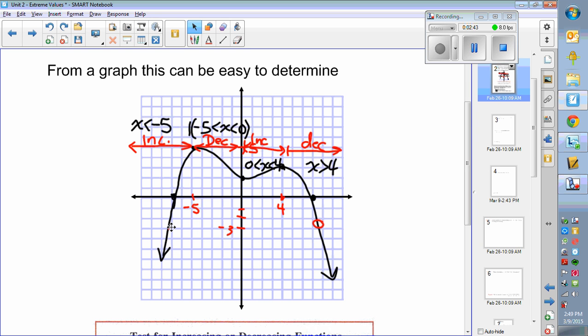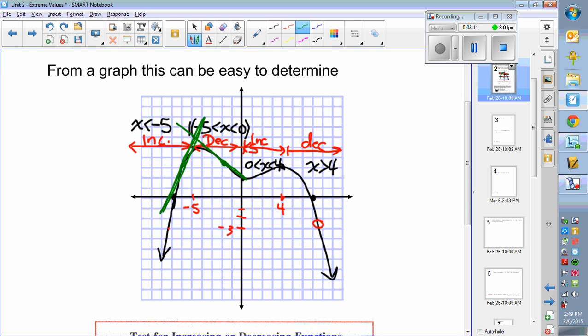Well, what you can visualize, if I still stay with the graph for a minute, if we visualize slopes of tangent lines, so if I drew a green dot here, and imagined a tangent line that just touches that graph. The slope of that line is positive in any place where it's increasing. But if I put a slope of a tangent line over here in the decreasing interval, the slope of that tangent line is negative.